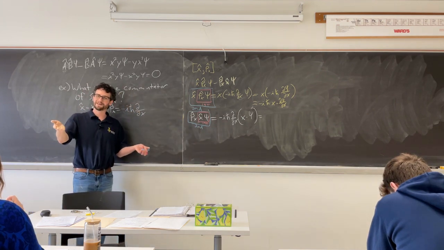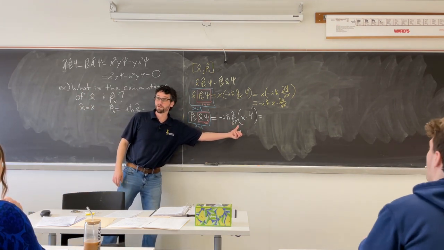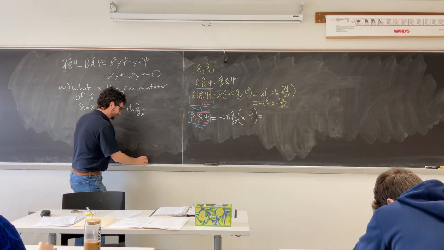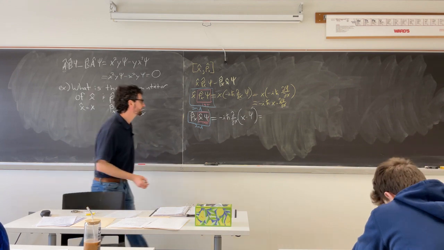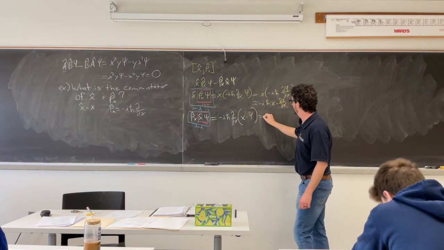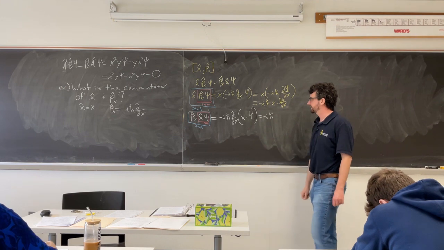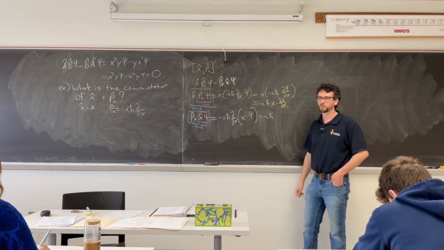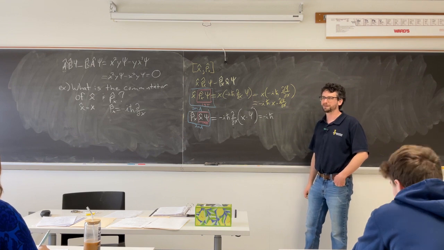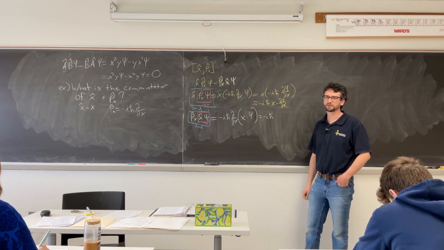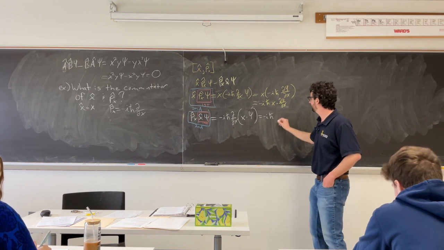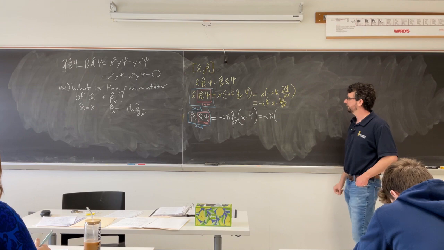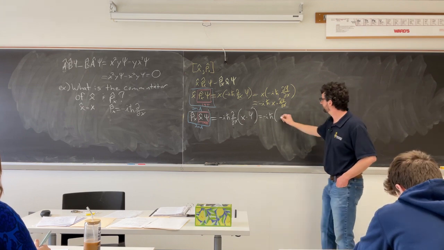Okay, it seems kind of simple because we've already applied it here, right? Like there's nothing more to do. Okay. We get negative i h bar because that's a scalar. We got to take the derivative of this. Ooh. What rule do we have to use? Product rule. Yep. Okay, product rule says what? Yep.